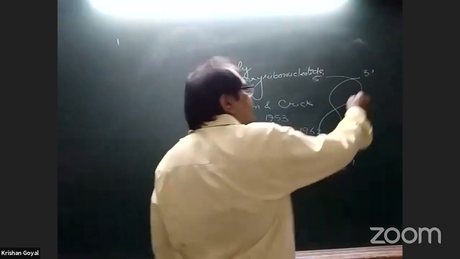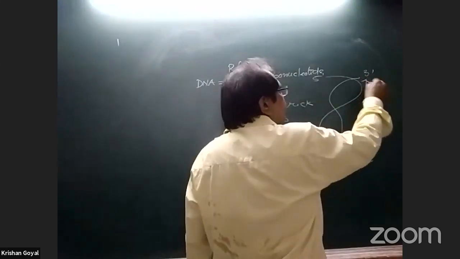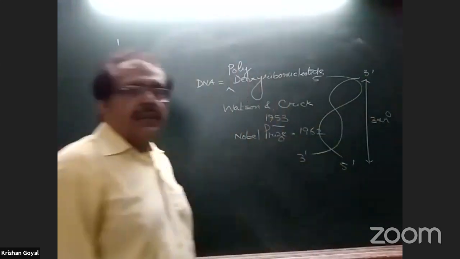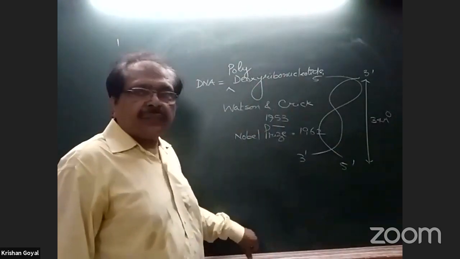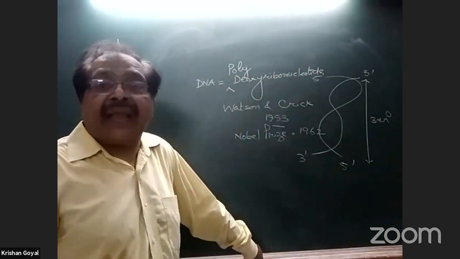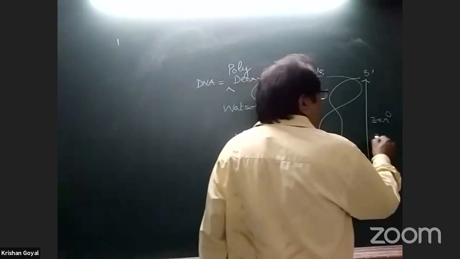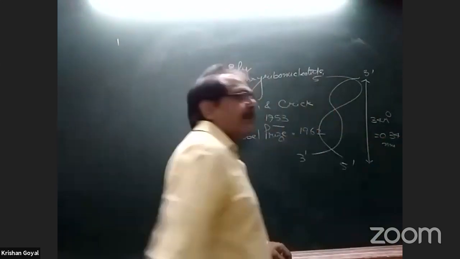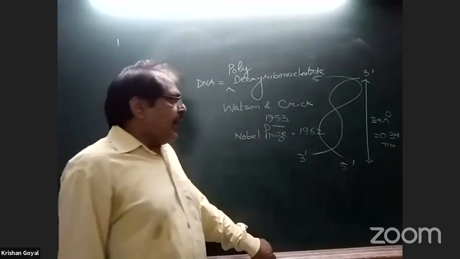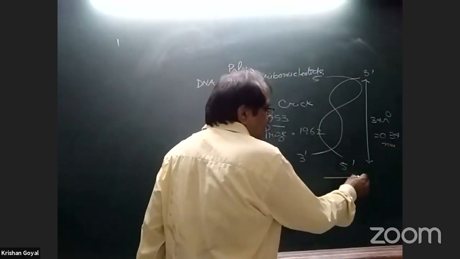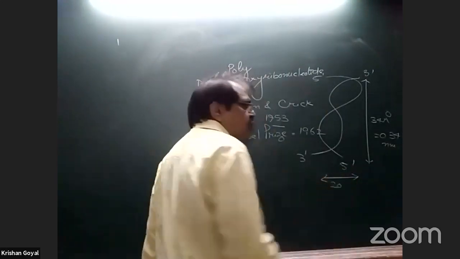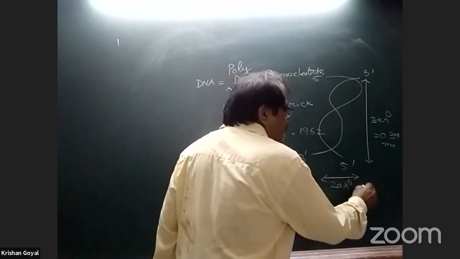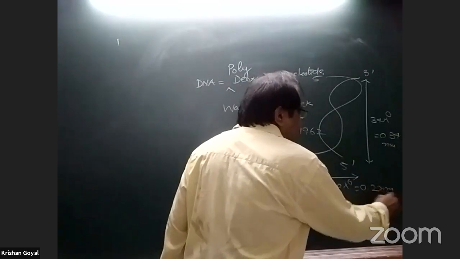Now the length of this DNA molecule is 34 angstrom units. Nowadays, it comes in the form of nanometer, it is 0.34 nanometer. And its width is 20 angstrom units or 0.2 nanometer.